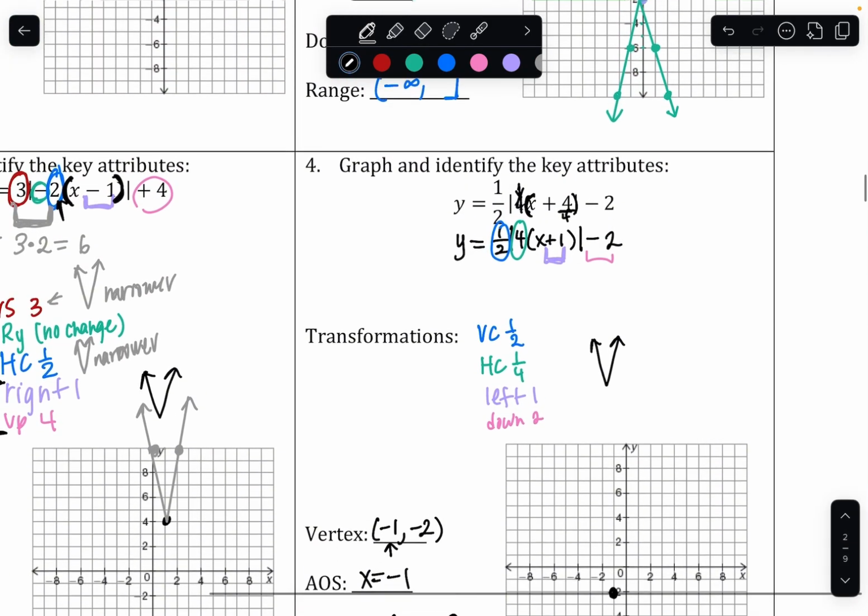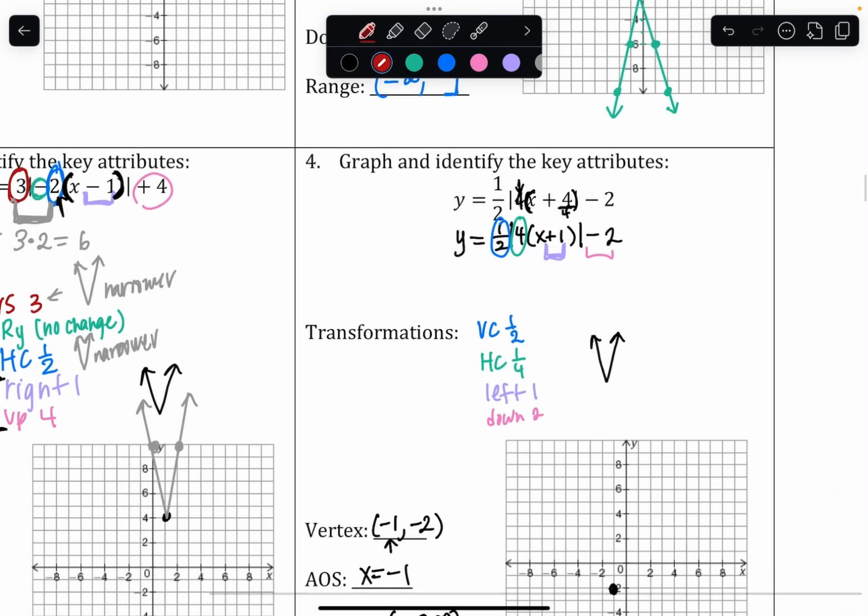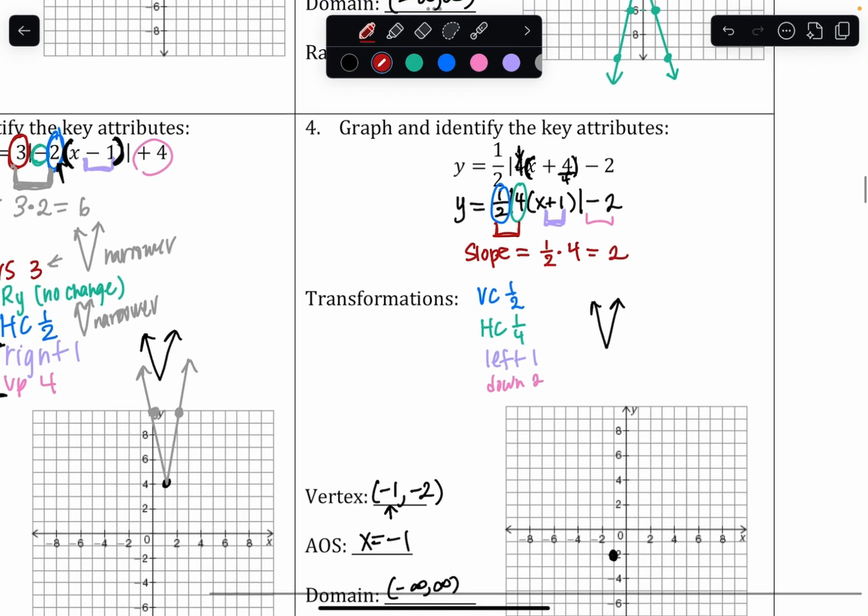Okay, to get our slope, we take our a times our b. So slope is 1/2 times 4, which is 2. So that vertical compression makes it wider, while the horizontal compression makes it narrower.